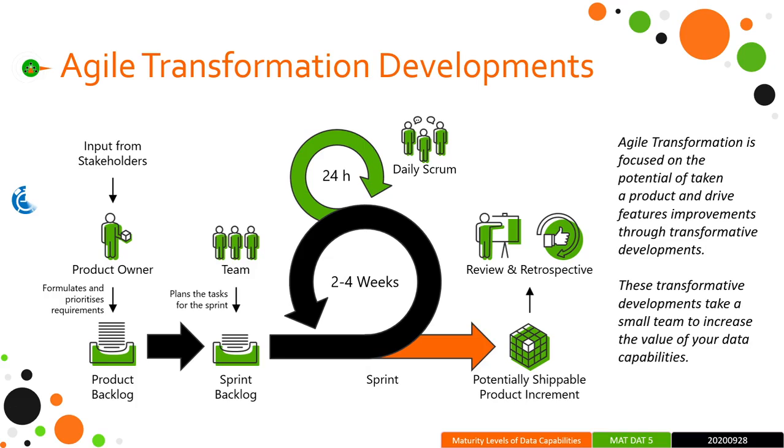While we develop the data strategy, a small talented team can already start a number of transformative projects. You can take an existing product and potentially develop what we call a shippable product increment that brings business value to your business process, staff, or customers.